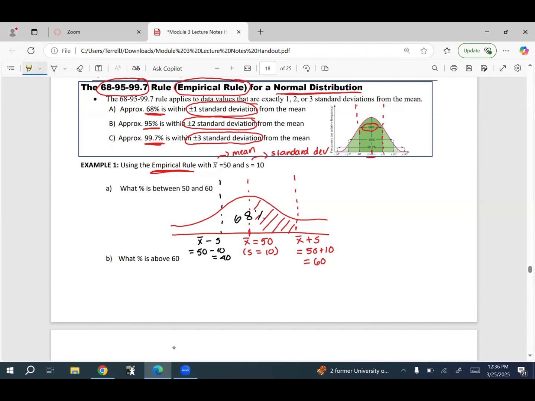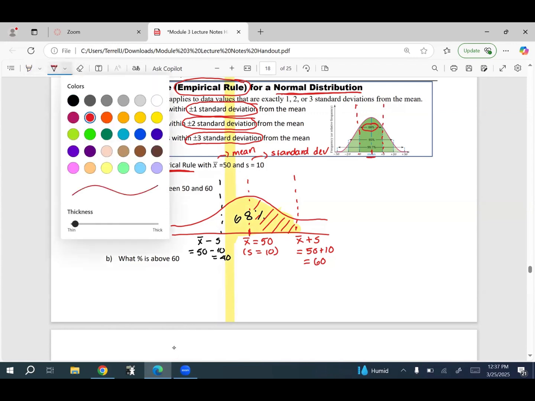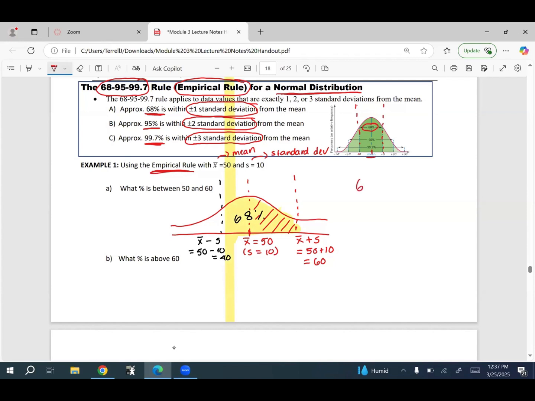The 68% takes into account this piece right here. I just want that half. So to find that, I'm going to do 68% divided by 2, and that's 34%. That's the percent between 50 and 60.